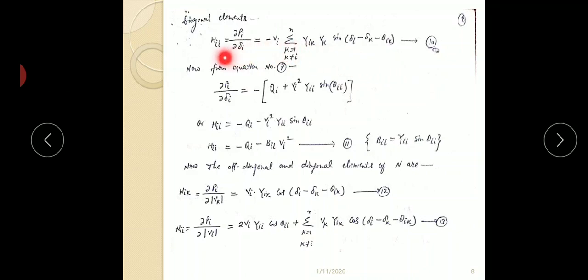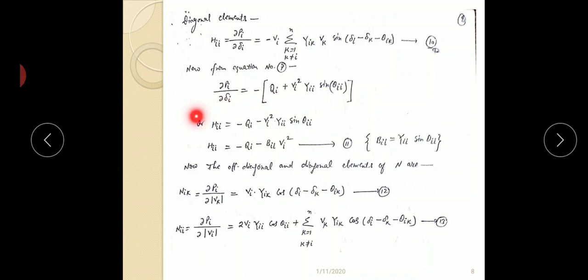Now from equation number 7, we can also write del Pi over del delta i is equal to minus Qi plus Vi squared Yii sin theta ii, which is equal to Hii from equation number 10.